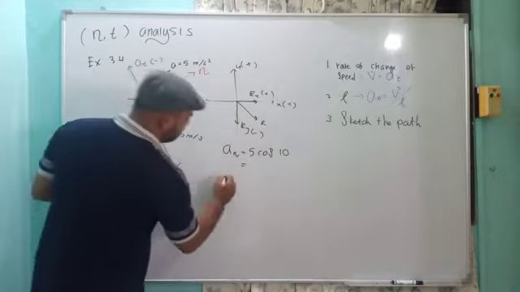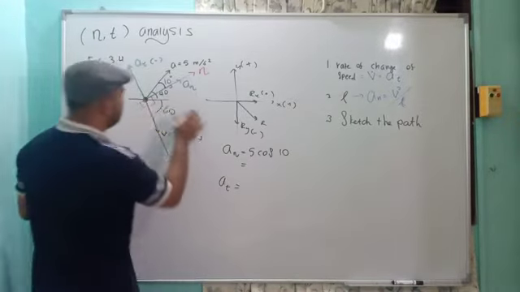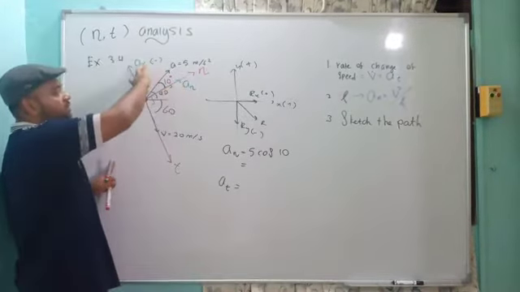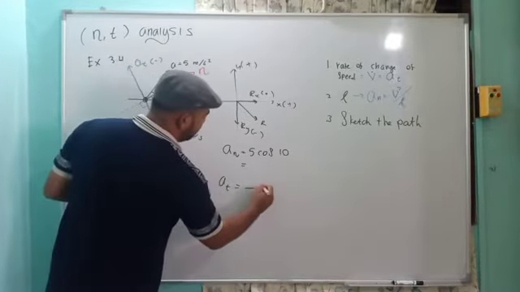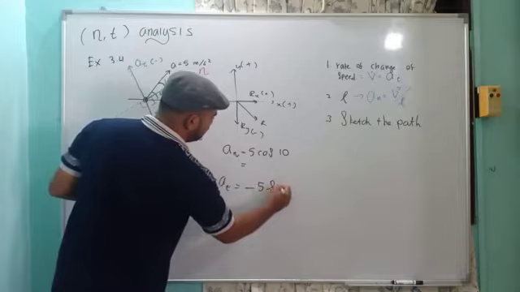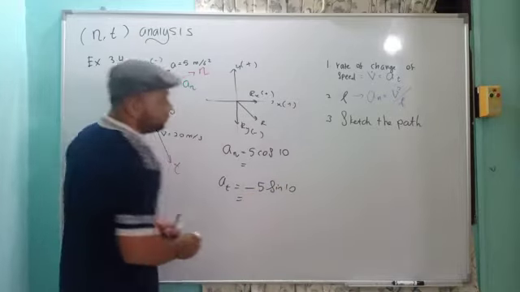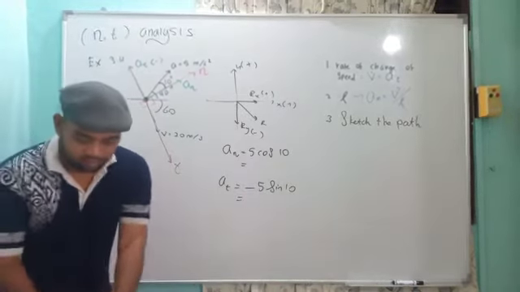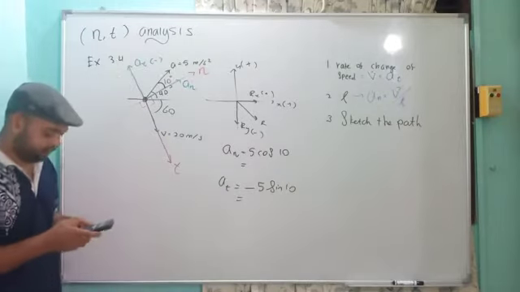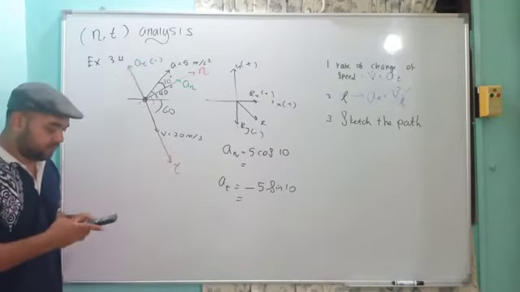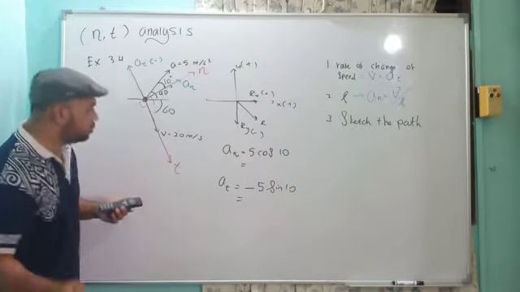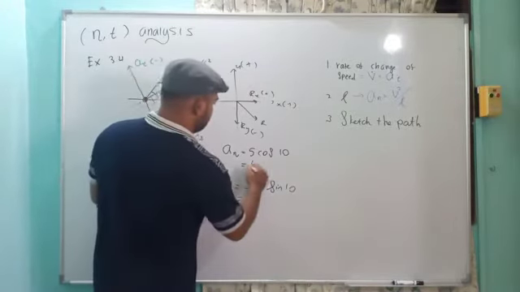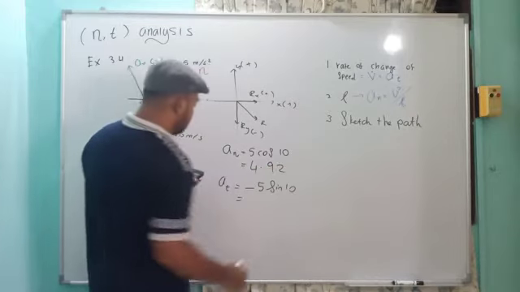A tangent, because this is already cos, so the other one must be sine, but in the opposite direction. So I put negative 5 sin 10 equals. Okay, so use your calculator. 5 cos 10 equals 4.92.